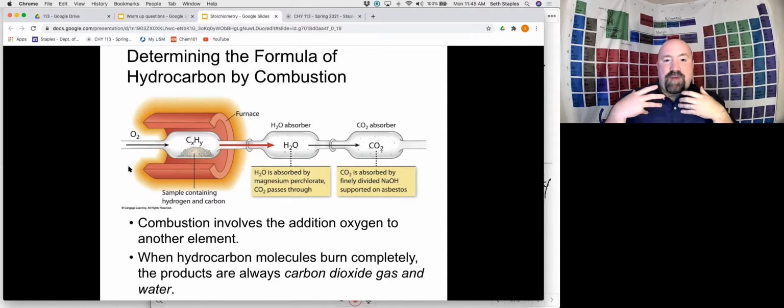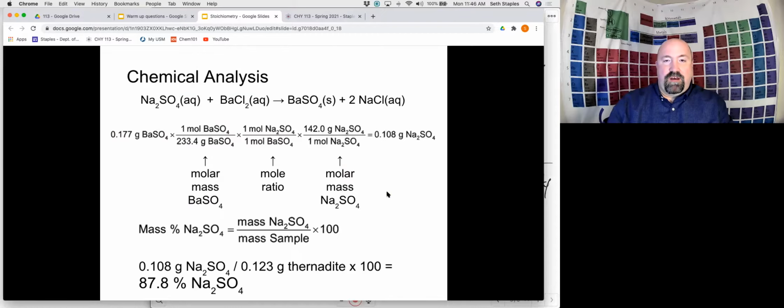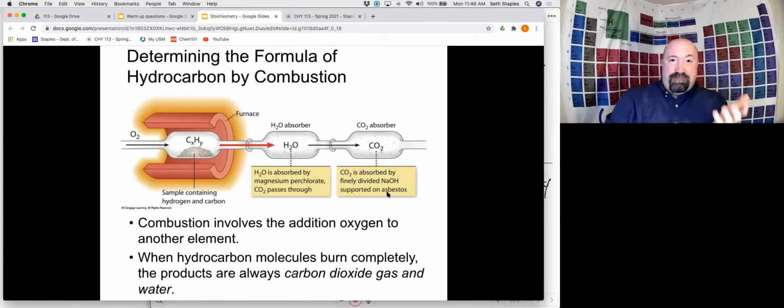And if we have a combustion reaction set up, we can collect those. We can collect the water that comes off by using something called magnesium perchlorate. This would be just a little system set up to collect that water, where the carbon dioxide will then pass through. Then we can set up an apparatus which will collect the carbon dioxide. It's absorbed by sodium hydroxide on basically an asbestos platform, so to speak.